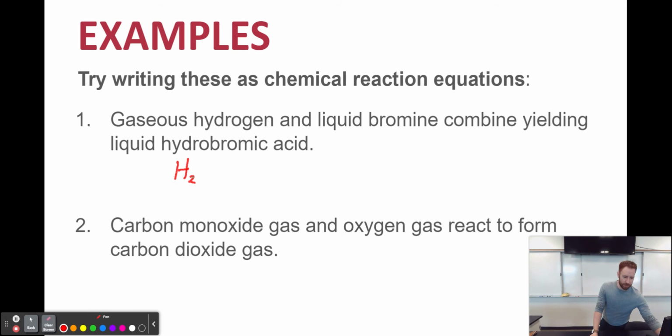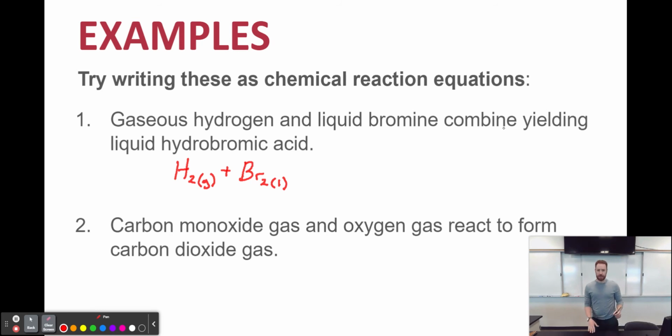But that happens to be what it is. So if you just wrote an H, I understand, because I haven't discussed what are called diatomic elements yet. So it's hydrogen, and it's a gas, so I'm going to write a G here. And liquid bromine, which is also going to be a 2. Again, I'll talk about that in just a minute.